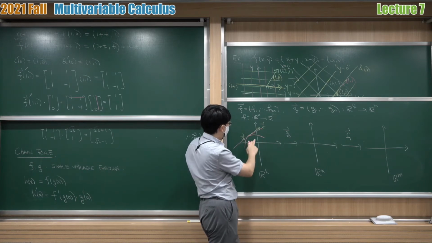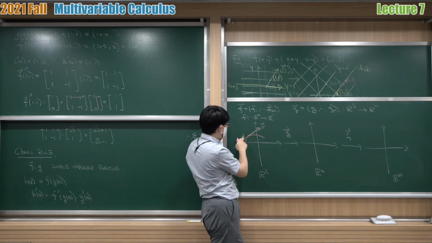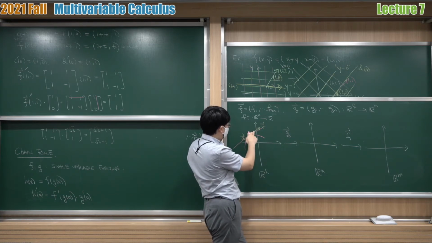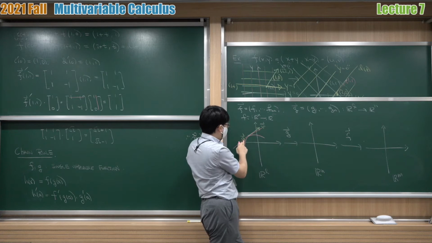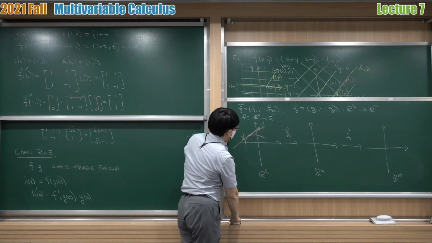Whichever trajectory you use, you have to make the point move in the direction of v when it passes through A.